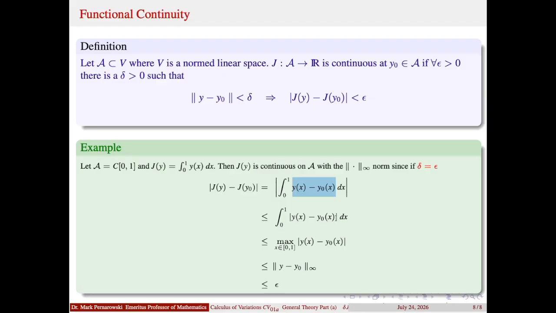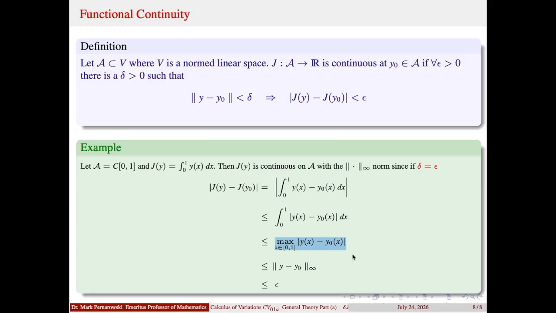The biggest that this integral can be is the biggest that the integrand can be times the length of the interval of integration. The length of the interval here is 1 minus 0, so that's 1. So the biggest that I can make this entire thing is the length of the interval times the maximum value of the integrand. So that is simply less than or equal to the maximum value of this difference on the interval.